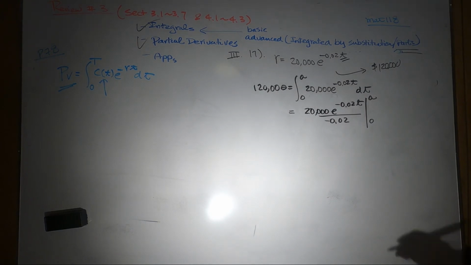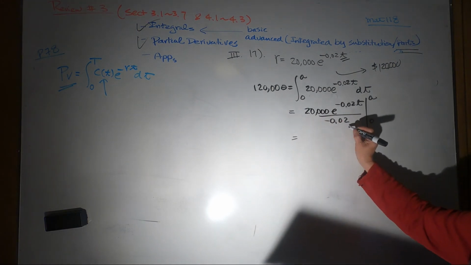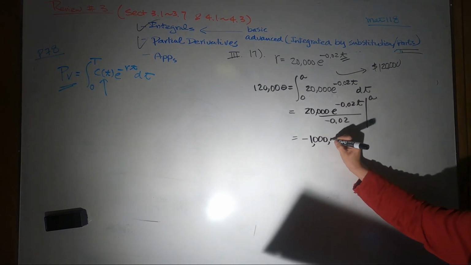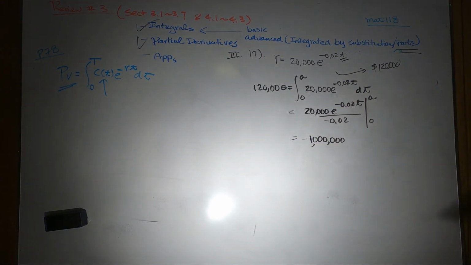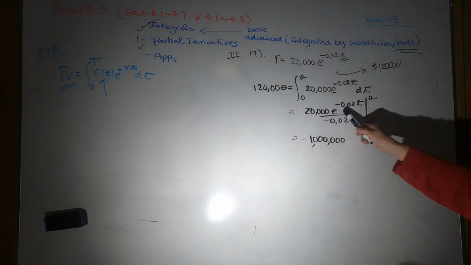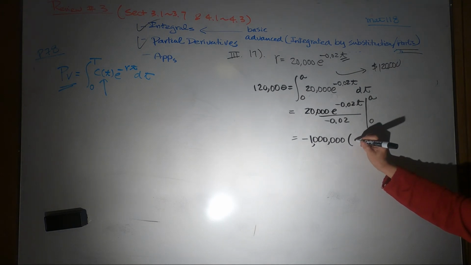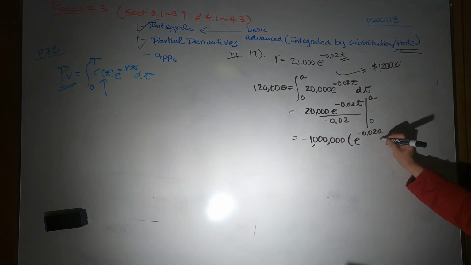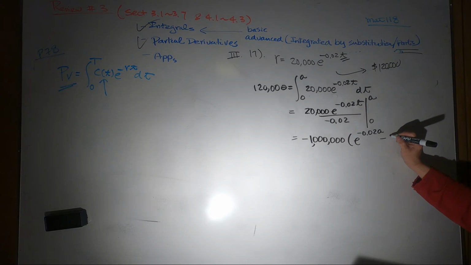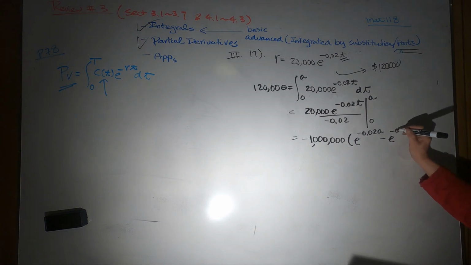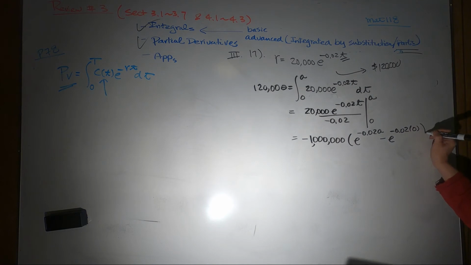Okay? Then you plug in, that would be what? Divided by this would be negative 1 million actually. Okay? Then you plug in the definite integral to the e to the power. So that would be e to the negative 0.02a minus e to the negative 0.02 to the 0 power, right?